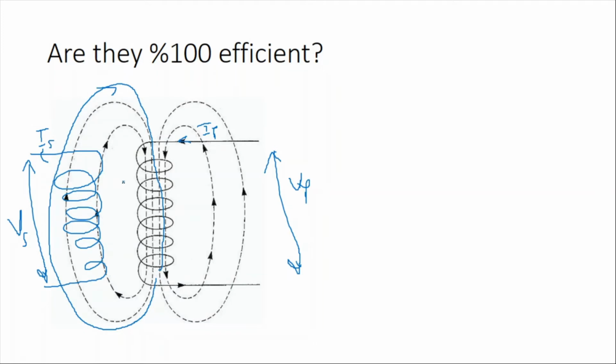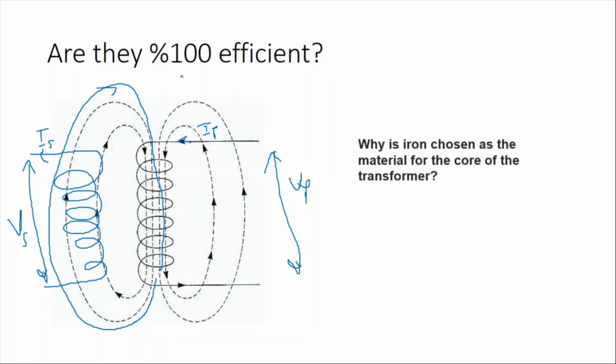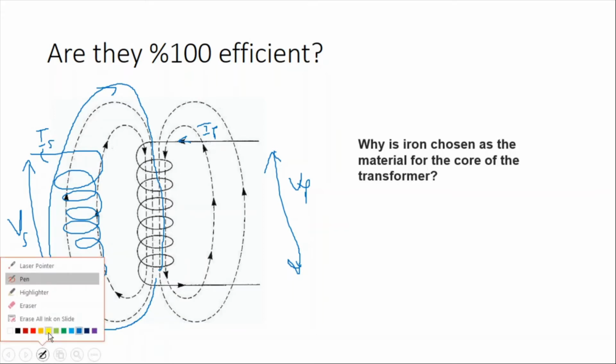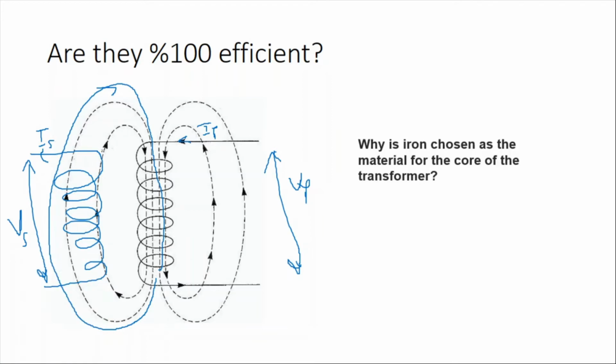Then, related to this question, why do we use an iron core, iron material, as a core in the transformer? So if we place, let me show with another color, let's show it with green color, an iron core here, assume this is an iron core.